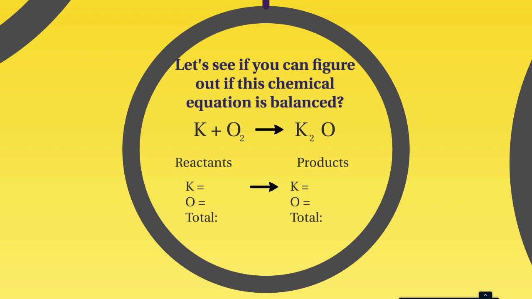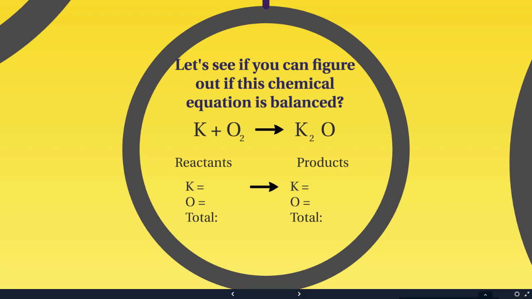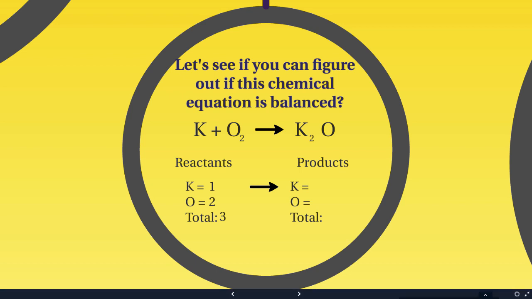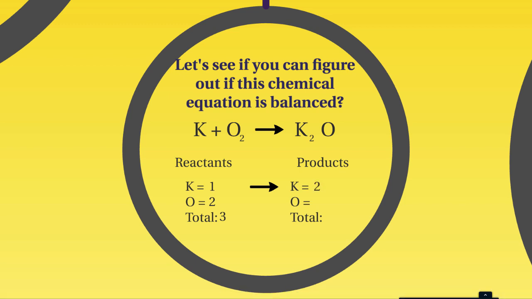So checking our equation, K plus O2, giving me a product of K2O. Counting our atoms on the reactant side, you should have gotten 1 K, or potassium, and 2 O, or oxygen, giving you a total of 3. Now, we're going to check our product side. You should have gotten 2 K and 1 O, giving you a total of 3. Now, this is an unbalanced equation.